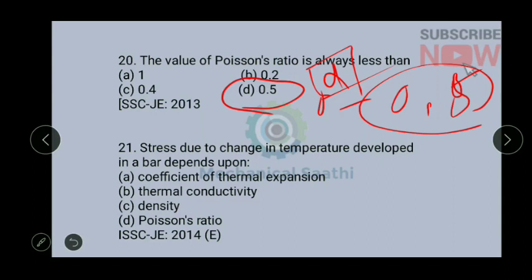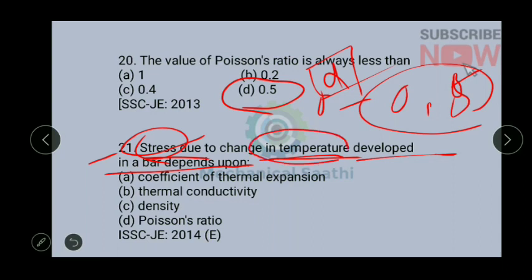Then question number 21, stress due to change in temperature developed in the bar depends on what? Whatever stress is developed inside any material due to change in temperature will depend on the coefficient of thermal expansion of that material.